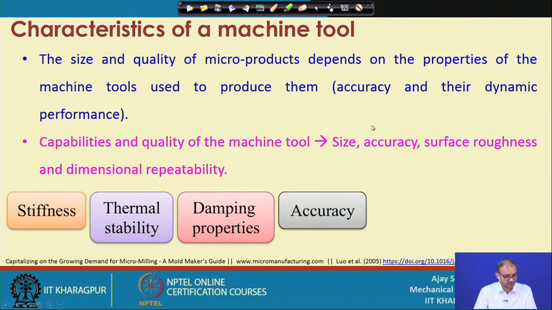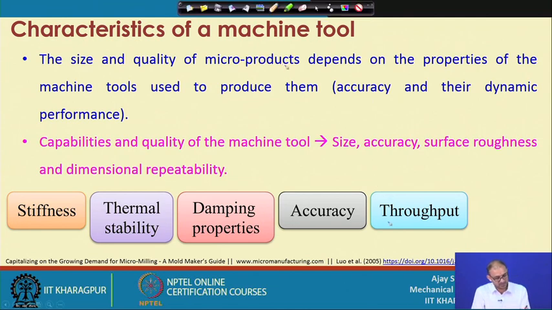Accuracy is important, that we have seen in the previous 2-3 slides. Throughput is also important, that is how many components you are getting, that is called the production rate, the rate of processing.